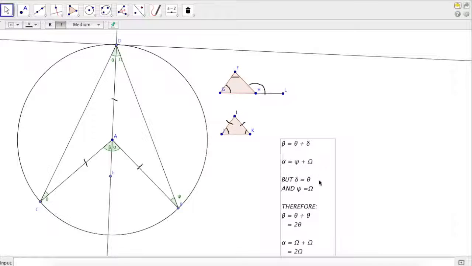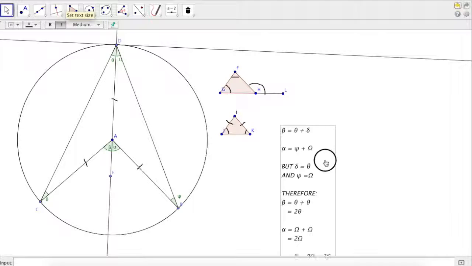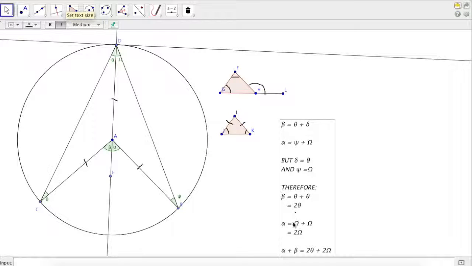So we can add alpha and beta and say that that's the angle at the center of the circle. And the value of alpha is 2 omega, the value of beta is 2 theta. So alpha plus beta is equal to 2 theta plus 2 omega.